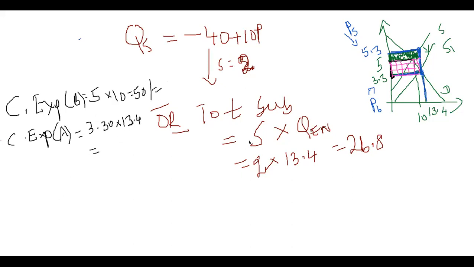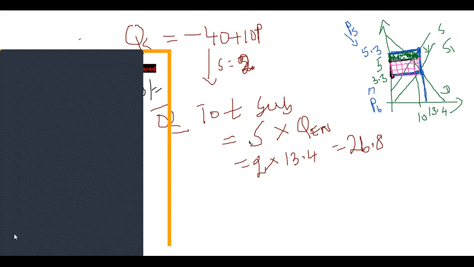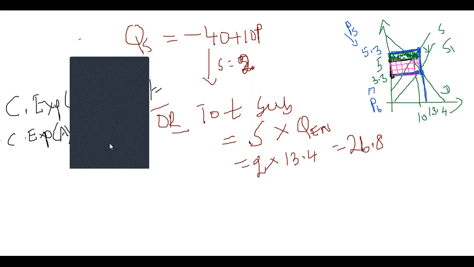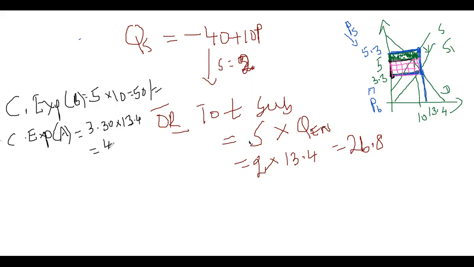So 3.3 into 13.4, your answer will be 44.22. Consumer expenditure after is 44.22. So this difference is becoming the change. That means 50 minus 44.22 becomes the change in consumer expenditure.